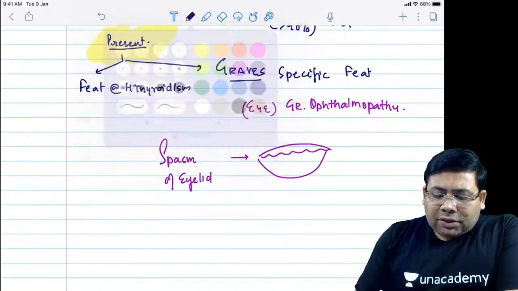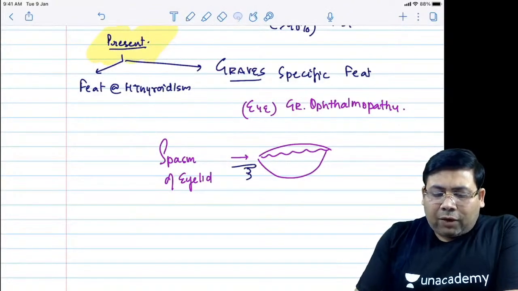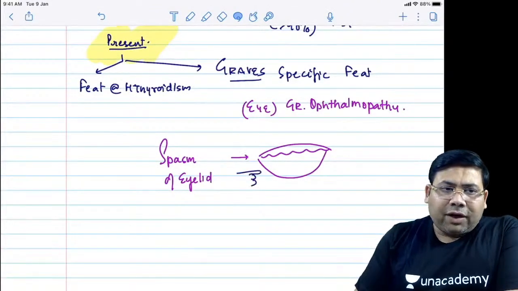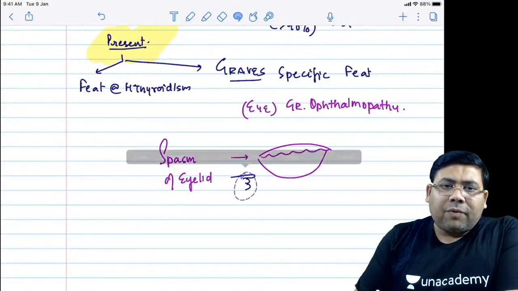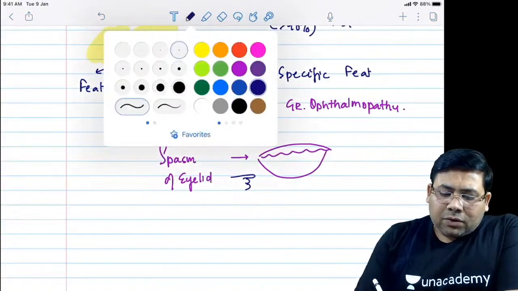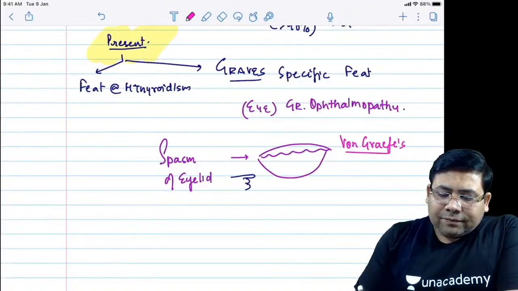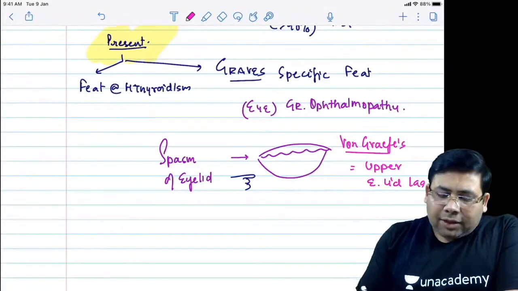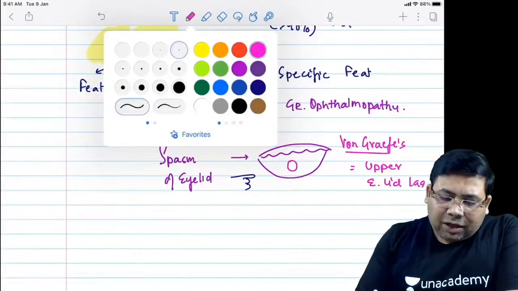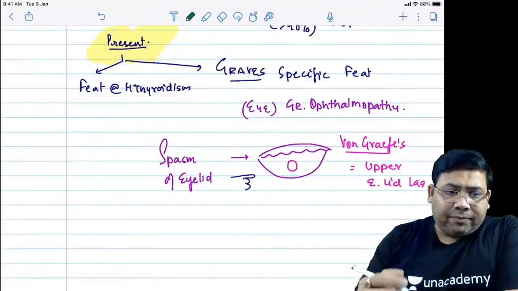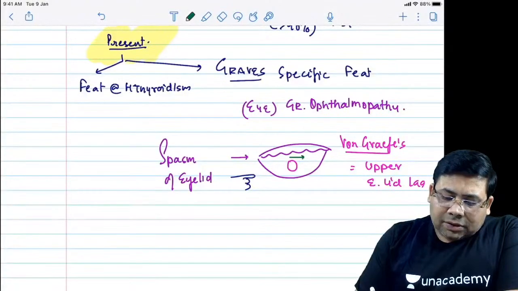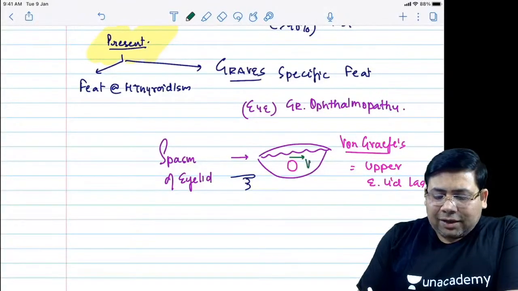If you ask the patient to follow the moving finger up and down, there will be a lid lag. What is that? Von Graefe's sign, the upper eyelid lag. Then, because of the spasm of the upper eyelid, there is Dalrymple's sign, visible sclera.